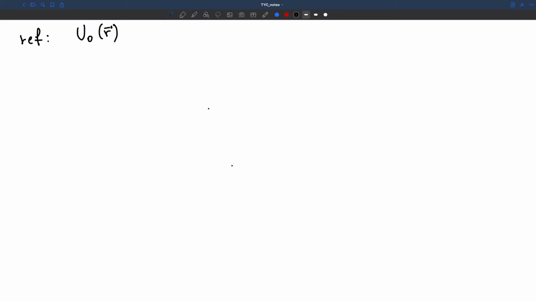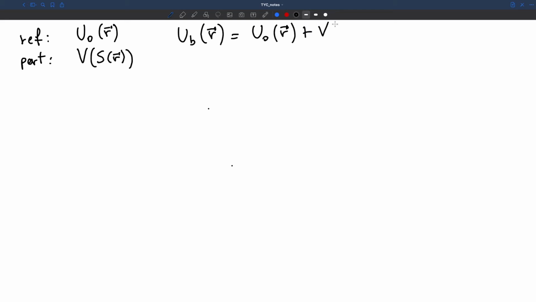And the perturbation in our system will be defined by the bias potential V, which is a function of the coordinates through the collective variable s. So the total potential energy of the perturbed system will be given by U_B equal to U_0 plus V of s.